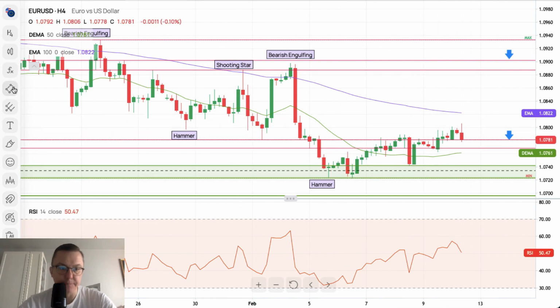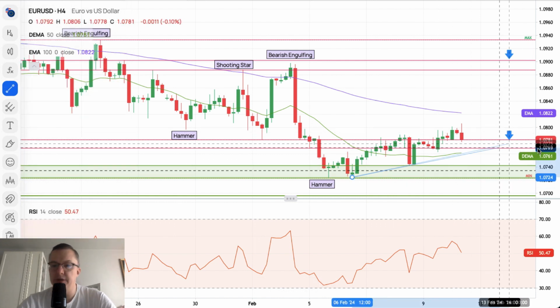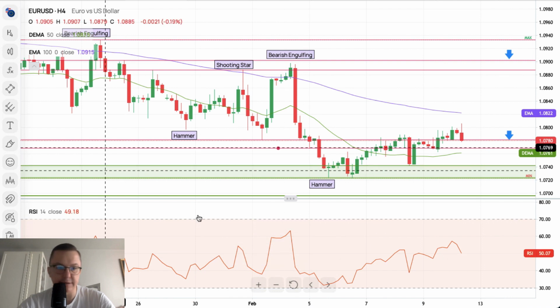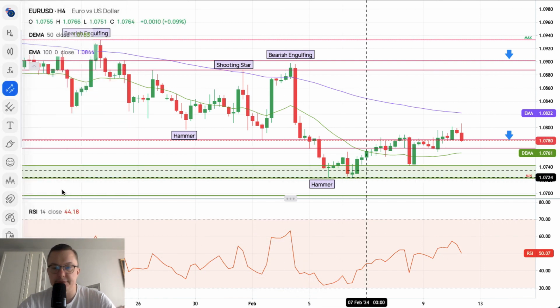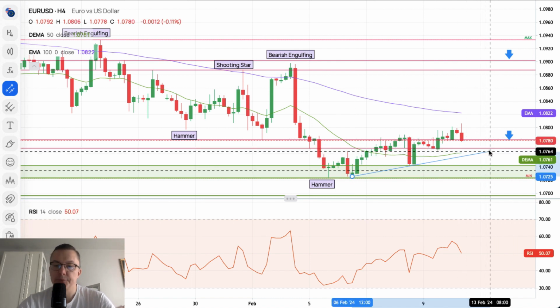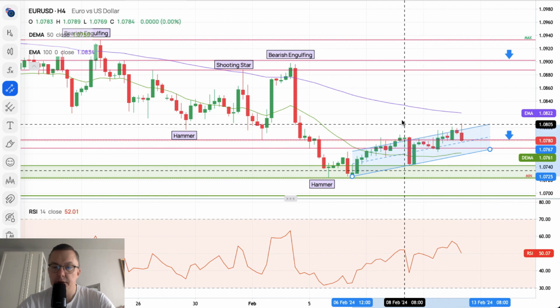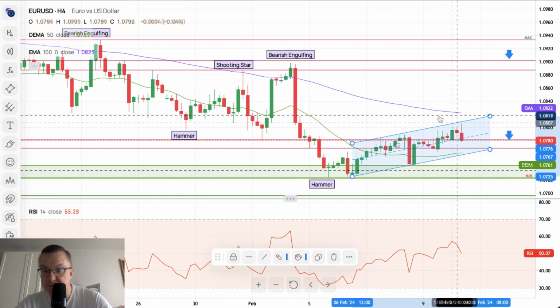We can apply a line here, or maybe even a channel, because I can see from here that some sort of parallel channel might be helpful. Why? Because this parallel channel is another piece of evidence that this market movement is purely corrective.